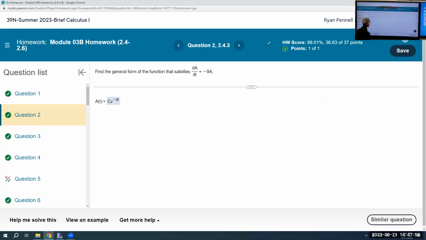So you're doing great. All right, find the general form of a function that satisfies dA/dt equals -9 A. Very similar. So dA/dt equals -9A, and A is a function of t. So what function do we know that gives back itself and a constant?